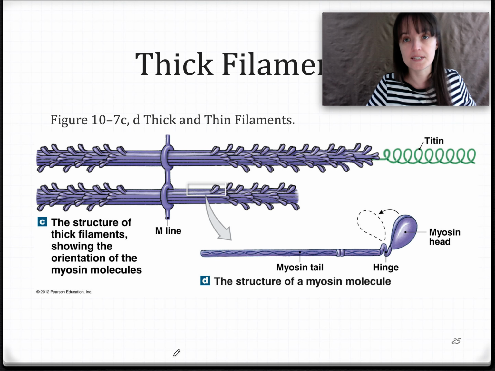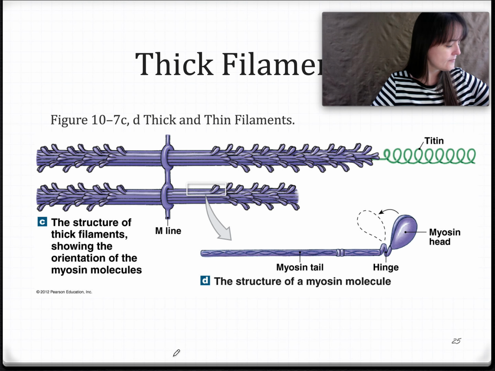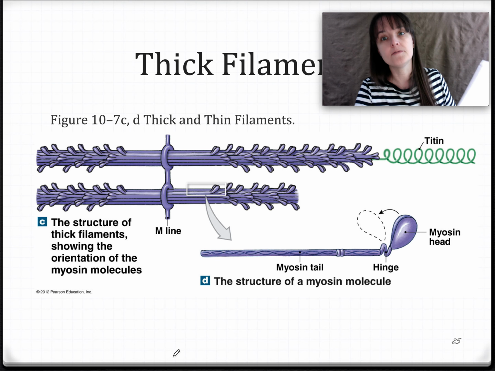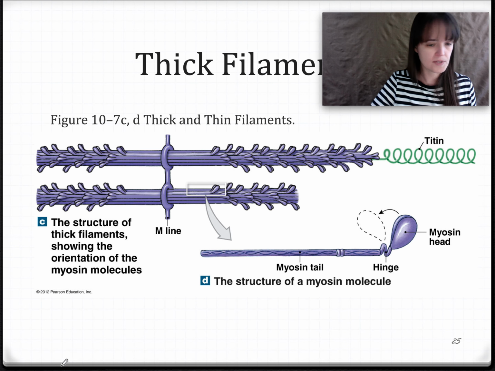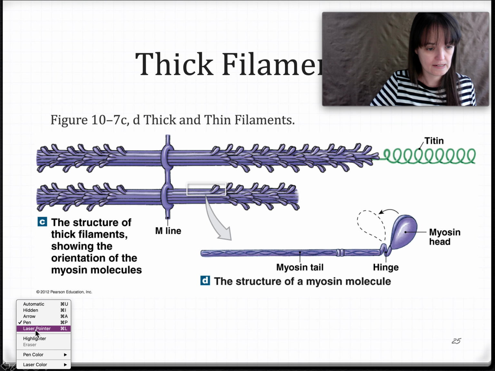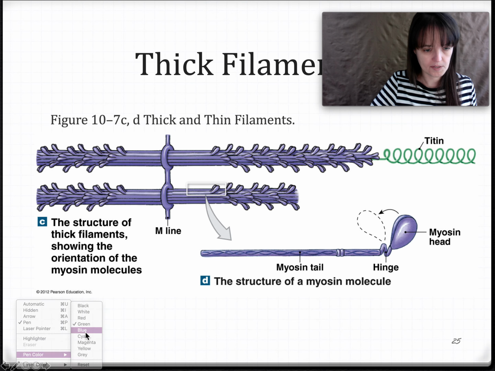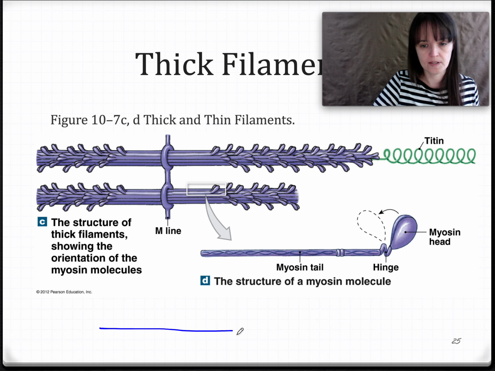Okay, now let's talk about these thick filaments. Thick filaments are made of myosin, and it has a tail and two globular heads. Blue. Okay. Tail, a hinge, and two globular heads.